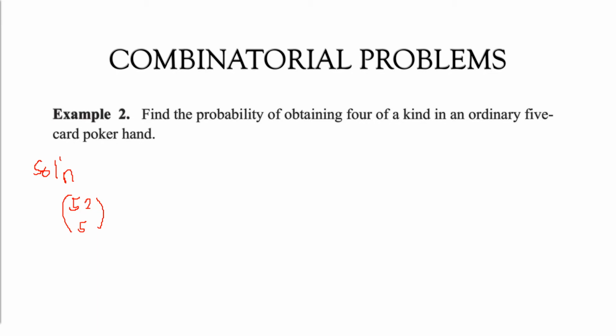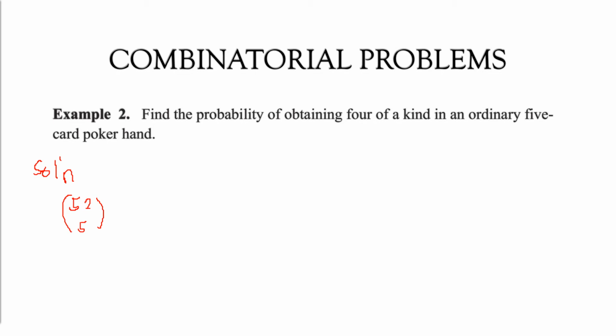Then we have to choose the fifth card, which can be done in 48 ways. So take note, we have 13 choices, and then there are 48 ways of choosing the fifth card.